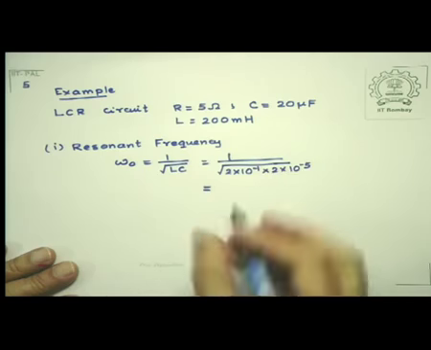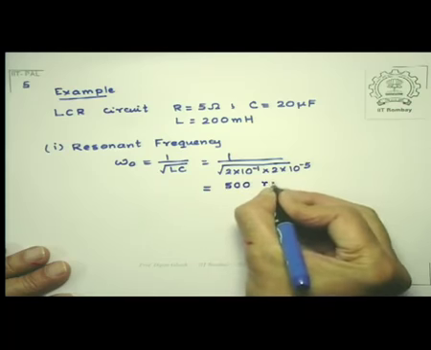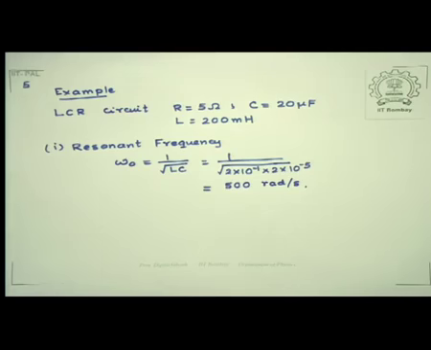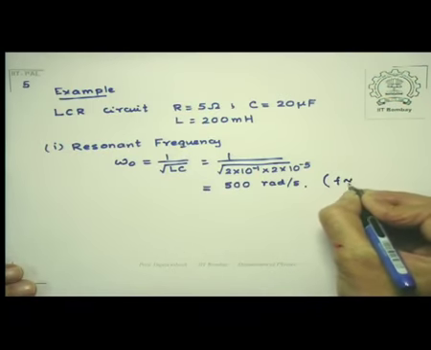So in the numerator I have 1000 divided by 2, which is equal to 500 radians per second, which corresponds to approximately a linear frequency f of about 80 hertz. You can calculate it, but it's probably slightly less than 80 hertz.